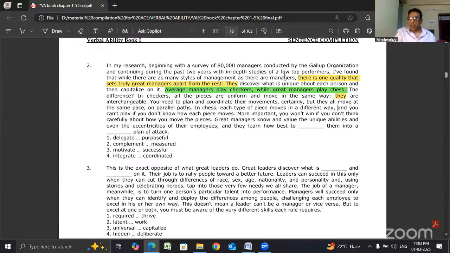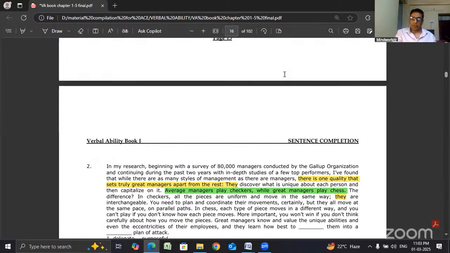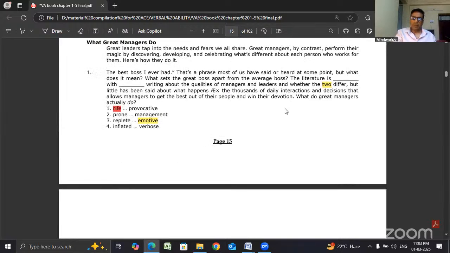So the great managers discover the unique things, as written in the previous paragraph. What do great managers actually do?